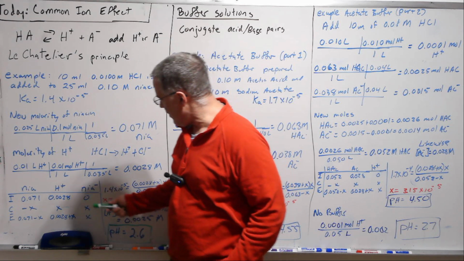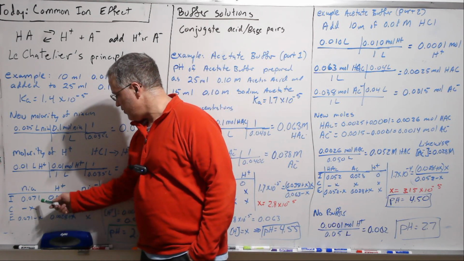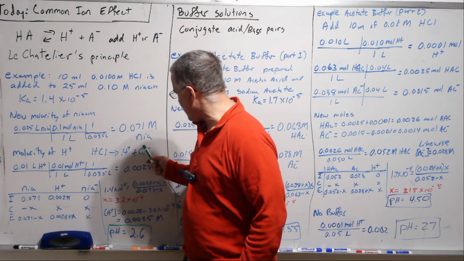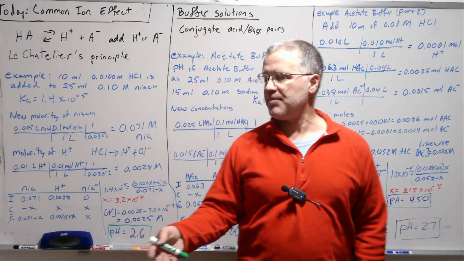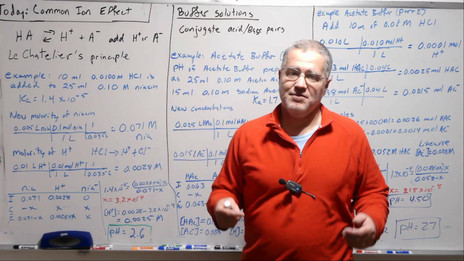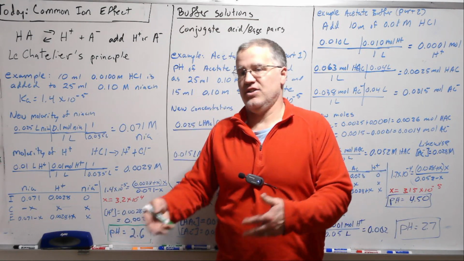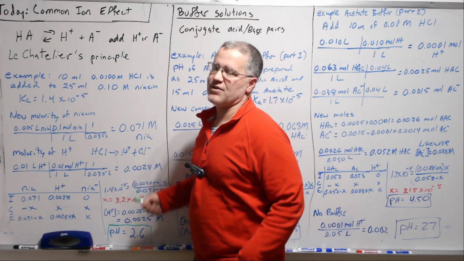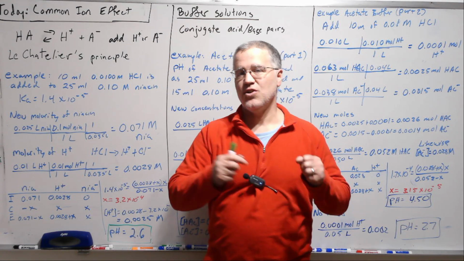We now have a situation where when we write the ice chart, we've got this common to the ice chart. So once the H plus breaks up away from the HCl, it doesn't care if it came from the original niacin as an H plus or from the HCl.